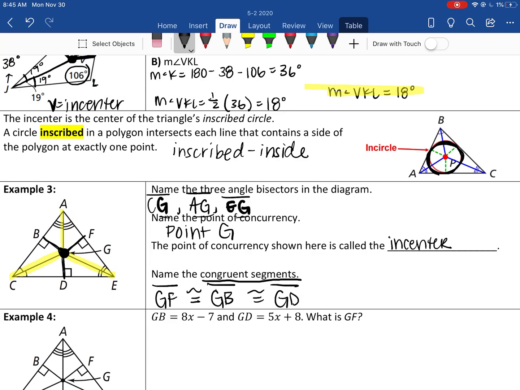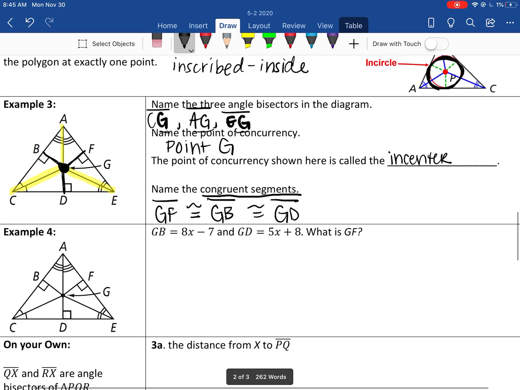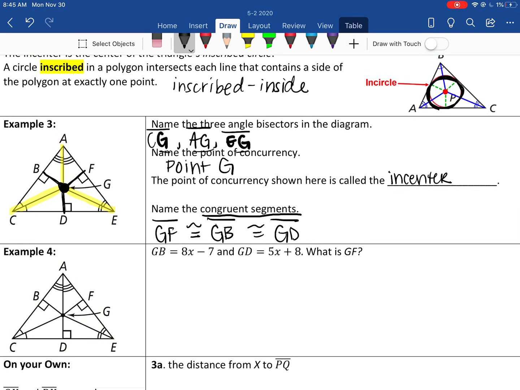Okay, so essentially in that example, we just did a review of what we just learned. Angle bisectors, incenter, and then what's congruent. So knowing all that information, let's look at this. We are told that GB is 8x minus 7, and GD is 5x plus 8.